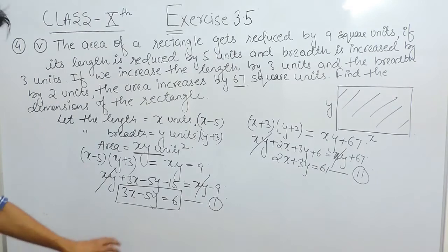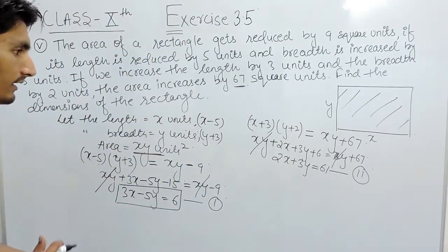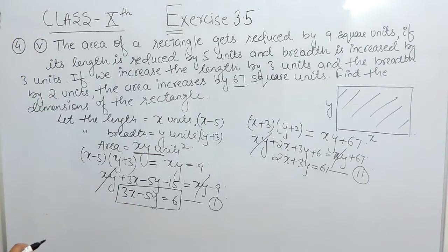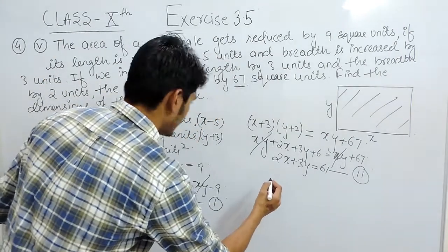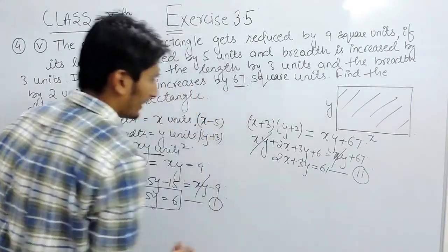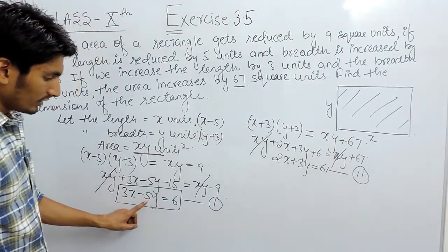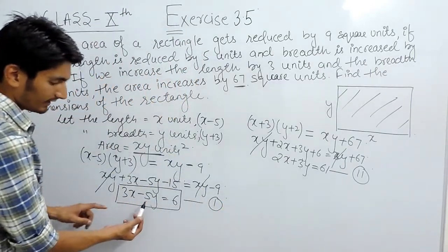Now you have to solve these two equations, equation first and equation second. For that you have to equate any of the coefficients. So I am writing it here. This is 3x. If you want to equate the coefficient of y, the coefficient of y here is 3 and here is 5.